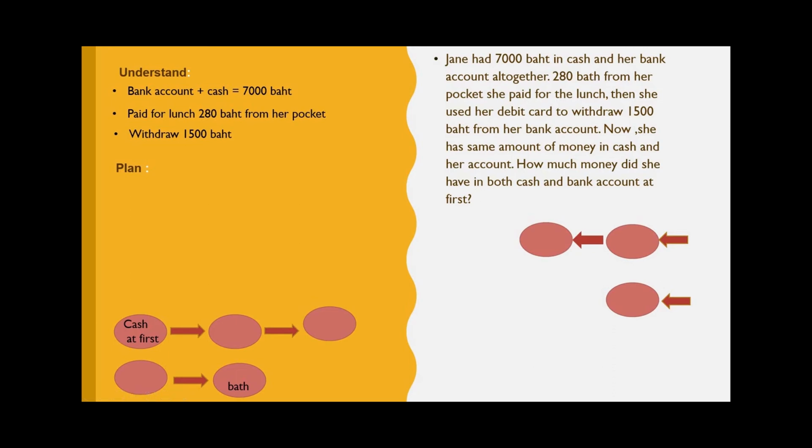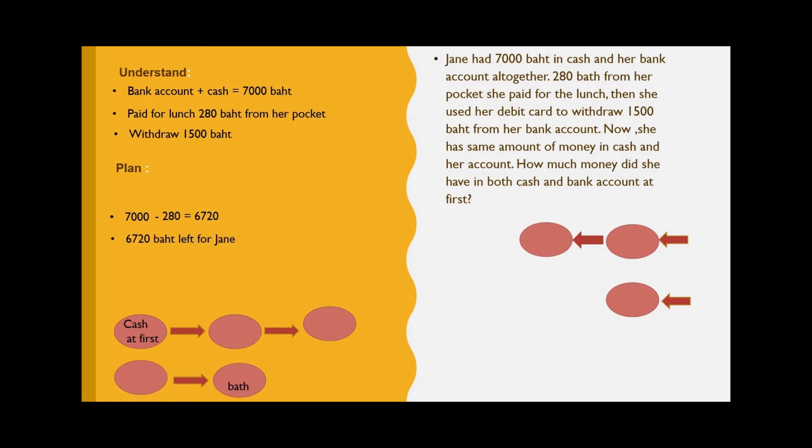So now we know her bank account plus the cash she has in pocket was 7,000 baht before she spent 280 for her lunch. So first, we will subtract 280 from 7,000 that Jane had. 7,000 minus 280 is equal 6,720.